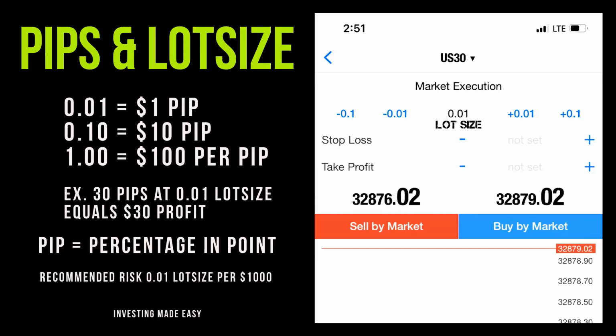What would your balance have to be? Oh, I see it. SoCal. There you go, Henry. Yes, sir. $100,000. Okay. I see some people say 10,000. 0.10. Okay. $10 per pip. 0.10 would be the recommended lot size for 10,000.